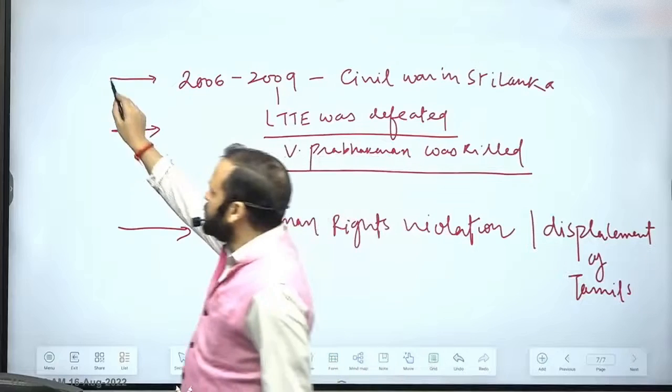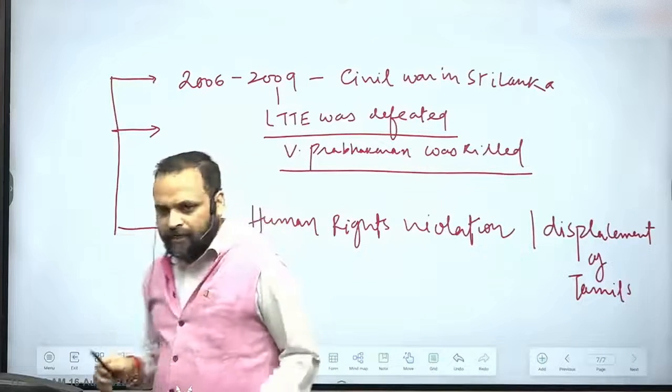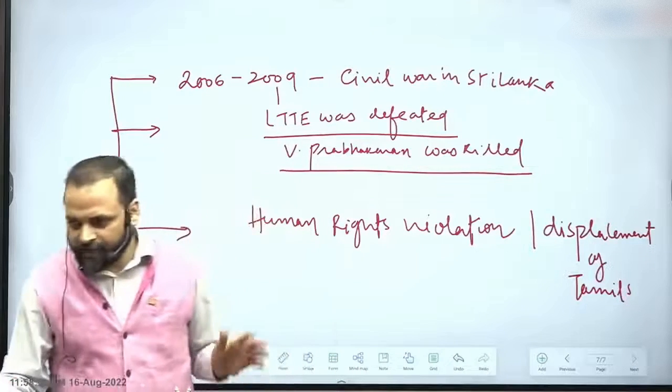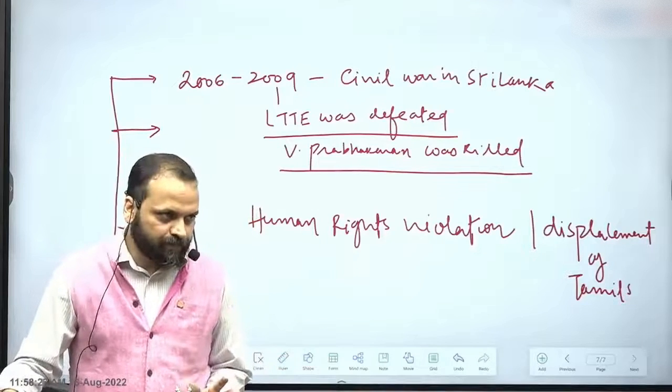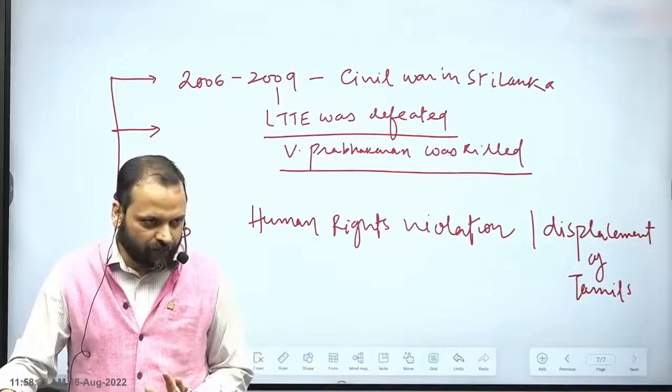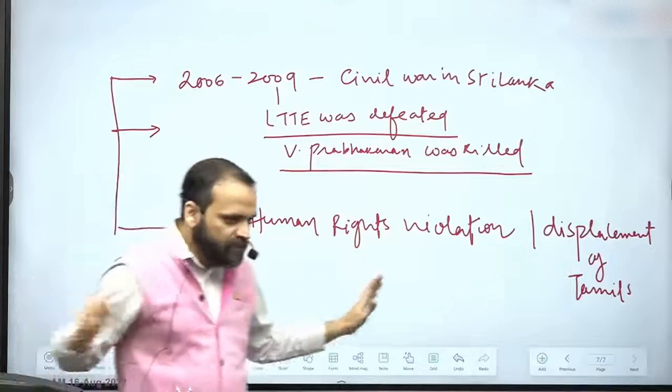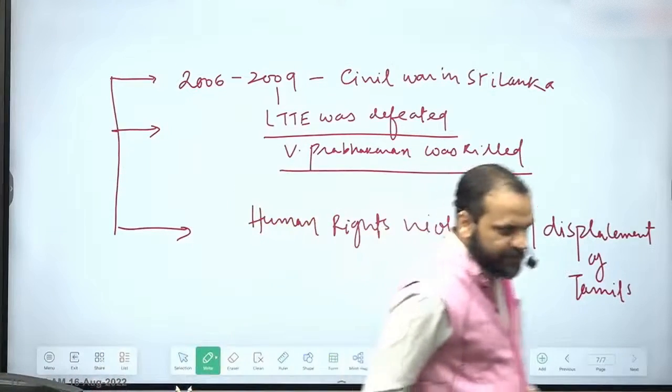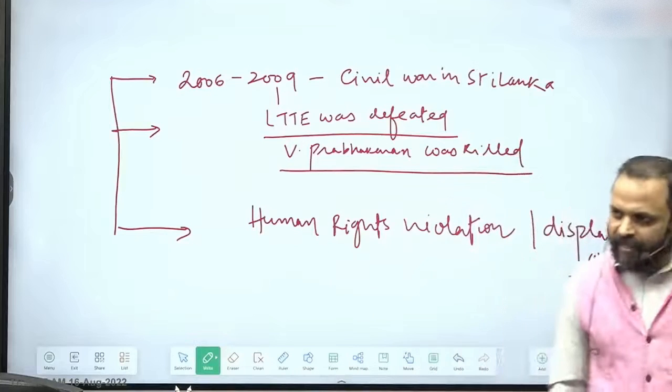So on the one hand, the Indian government provided support to Sri Lanka in their fight against the LTTE. They did not at least prevent them from fighting. On the other hand, when civilians were killed or displaced, there was significant anger in Tamil Nadu.